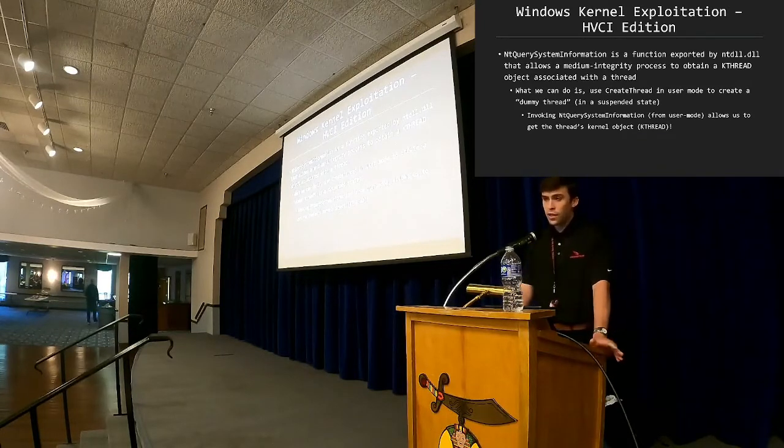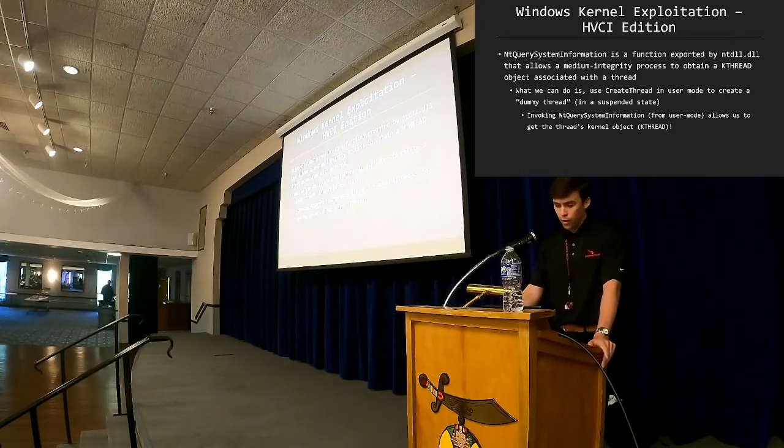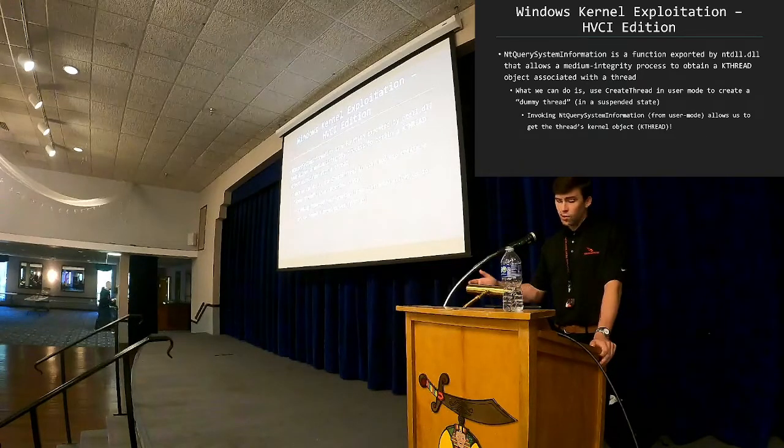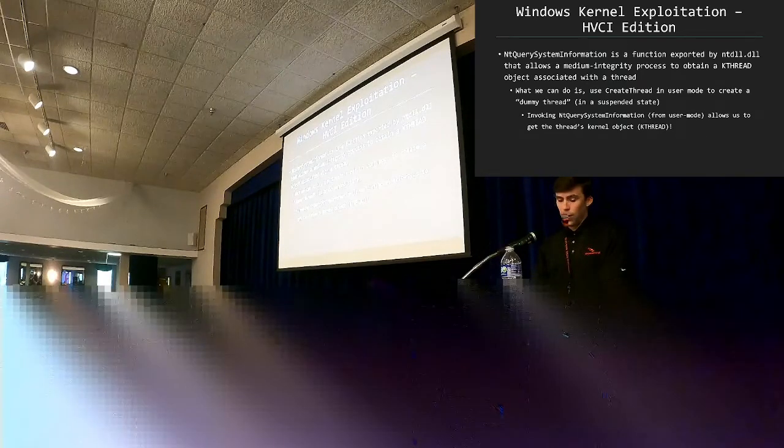And we need to leak the stack of a kernel mode thread. Luckily enough, Windows blessed us with this gift, a function exported by NTDLL called NtQuerySystemInformation that will gladly give us kernel mode addresses from user mode from a medium integrity process. Medium integrity process, that's basically any application you open up on Windows. So what we can do here is create a thread in user mode and put that thread in a suspended state.